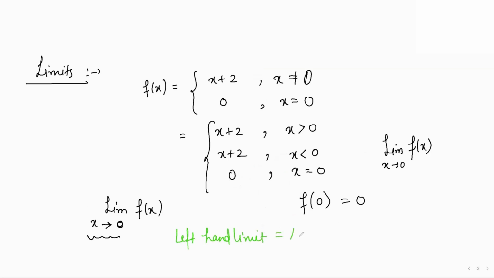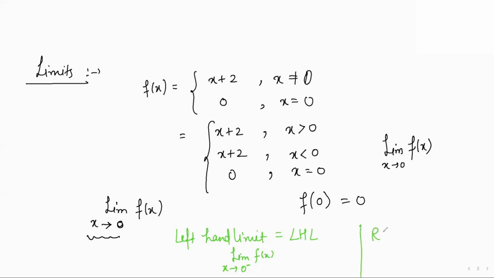which in short form we call LHL. What is this? This is the limit of f of x when x is approaching 0 from its left hand side, 0 negative. This negative sign tells you that we are going close to 0 from its left hand side.